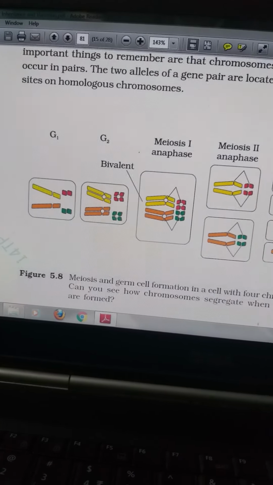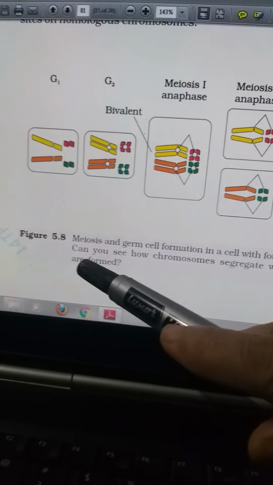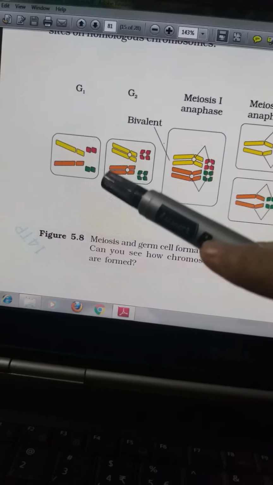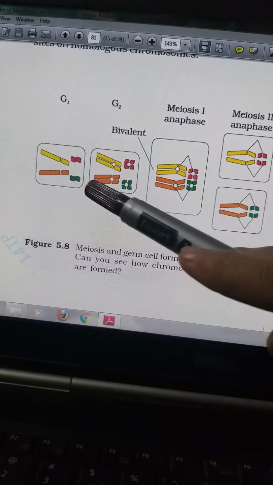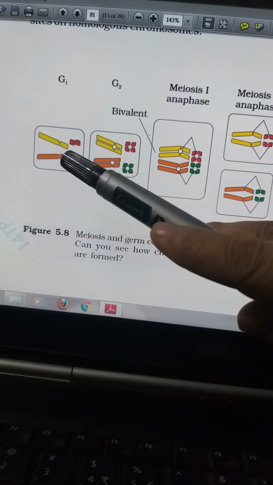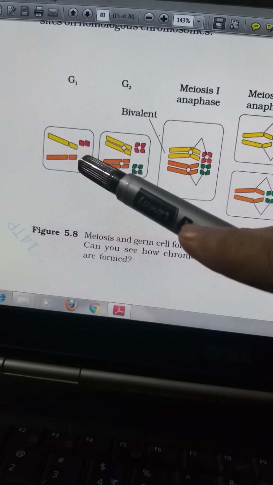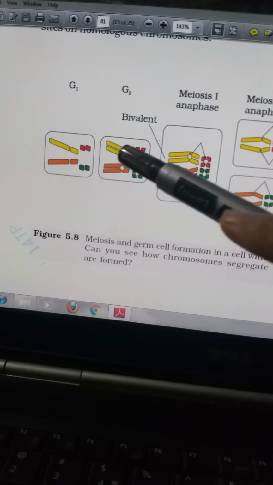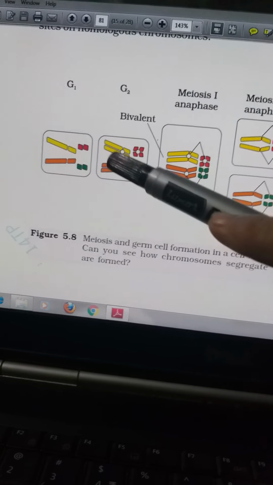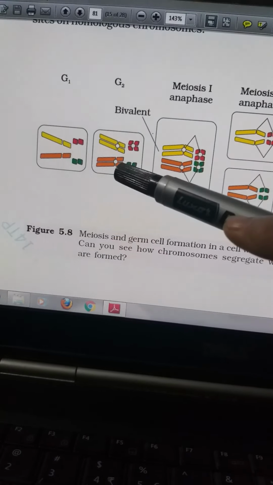Now here you can see in your figure, this is meiosis 1, two different chromosome pairs, and they divide. This is the parent cell; this is the autosome, this is the sex chromosome. Now what happens? They replicate, that means they make copies.